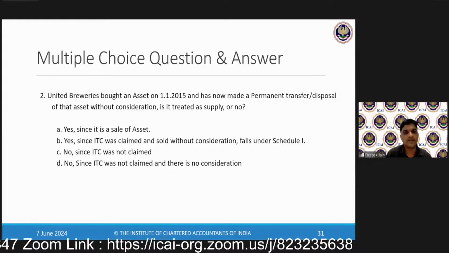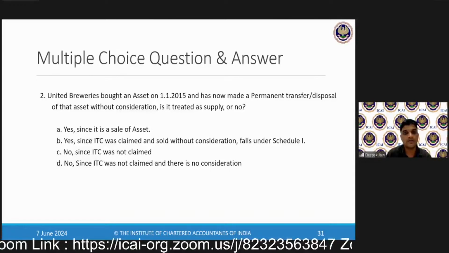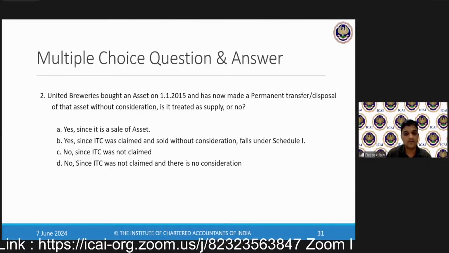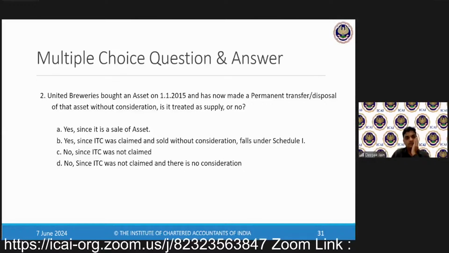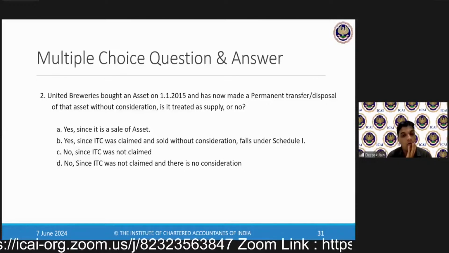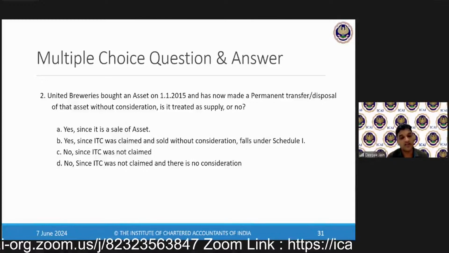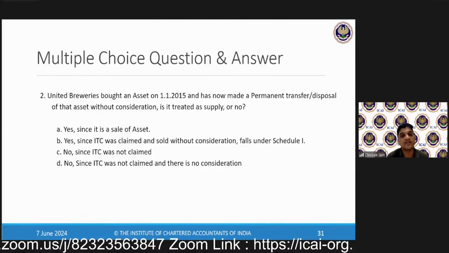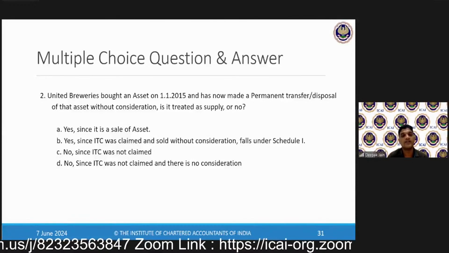Many are saying answer B. Yes, Unnikrishnan has given the correct answer. The answer is D. Why is it D?